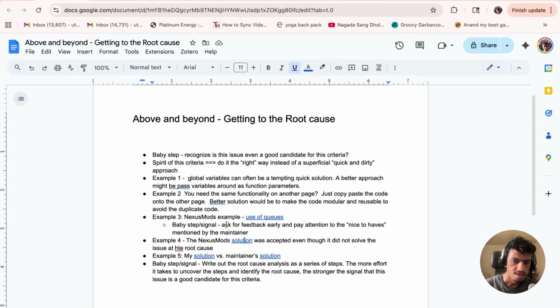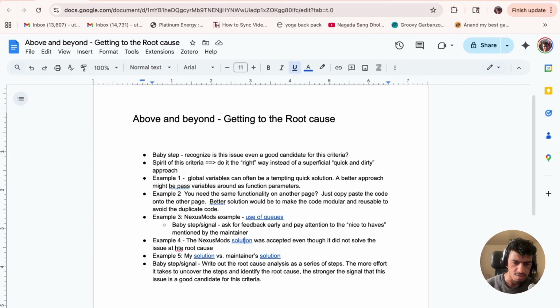Number one, when the maintainers start offering nice-to-haves, like, hey, it would be nice to eventually do this, or we don't need to do it right now, but a better solution would be to implement XYZ. When the maintainers are saying stuff like that, pay attention. That's a sign that this issue has a much wider surface area than you might realize, that there are ways to go above and beyond here.